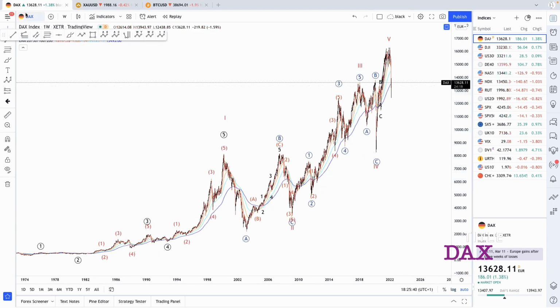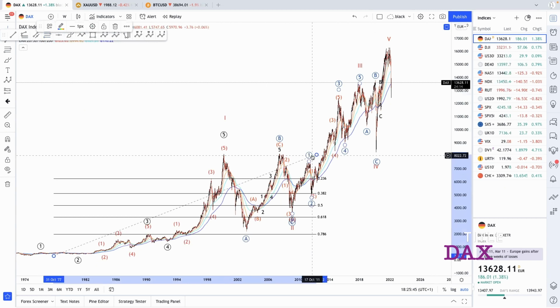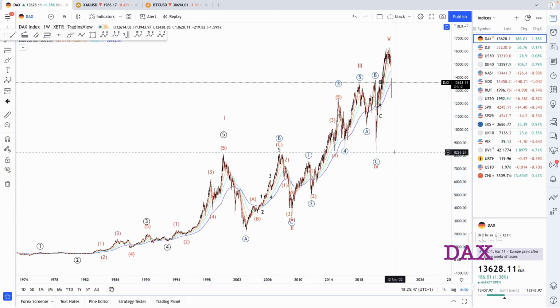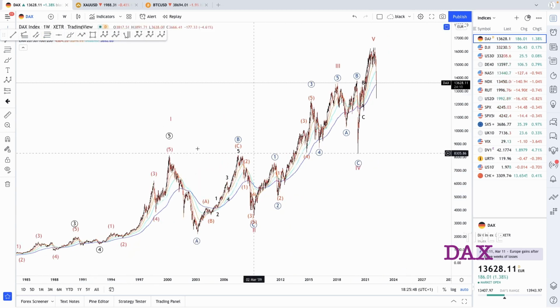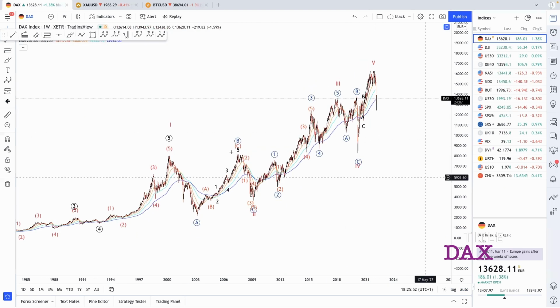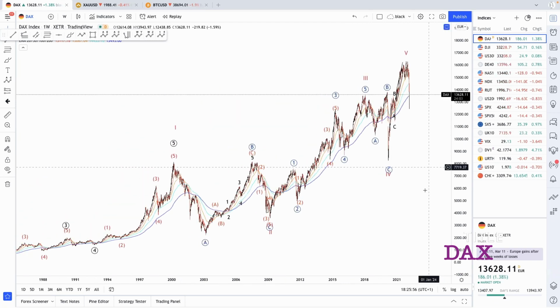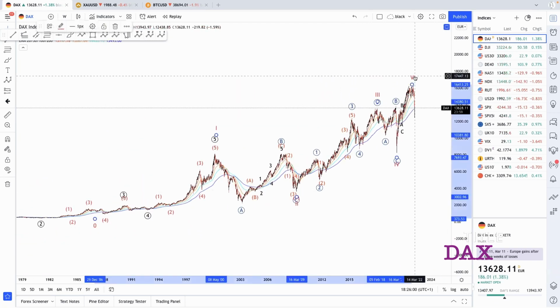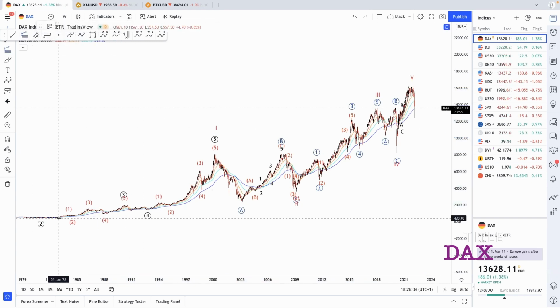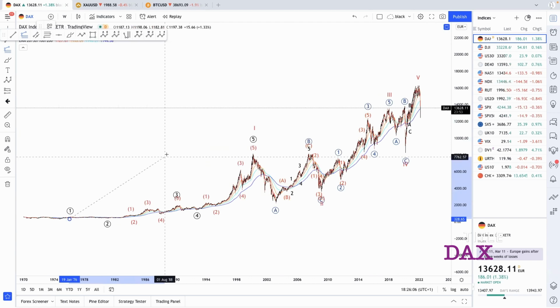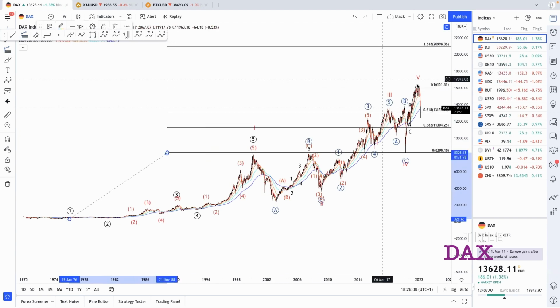However, if we look on arithmetic, so exponential basically, percentage-wise, these two are equal. And the bad news is that we know that many times wave 5 is as long as wave 1, of the same degree, obviously. And if we measure wave 1 compared to 5, wave 5 has reached equality.